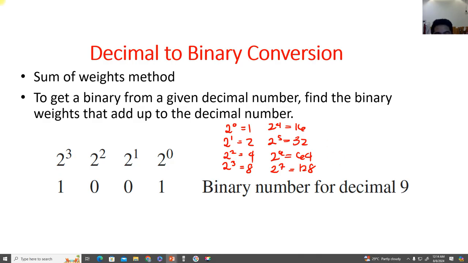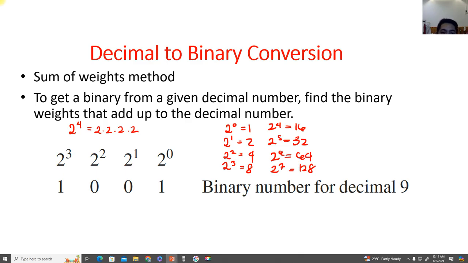We get that by, let's say 2 raised to 4 is 2 times 2 times 2 times 2. So 4 times we multiply by 2: 2 times 2 is 4, times 2 is 8, times 2 is 16, times 2 is 32, times 2 is 64 if 2 raised to 6, and so on.